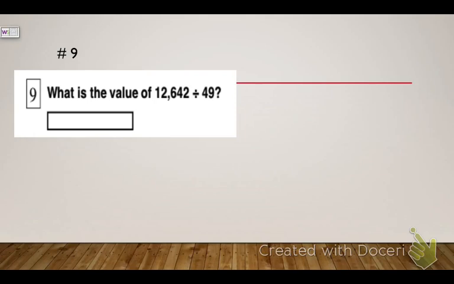Number 9. It is 49 divided into 12,642. I don't even like that comma. I don't want it to look like a decimal.